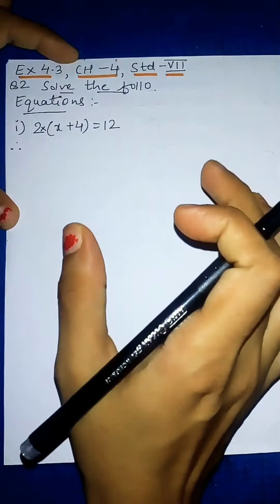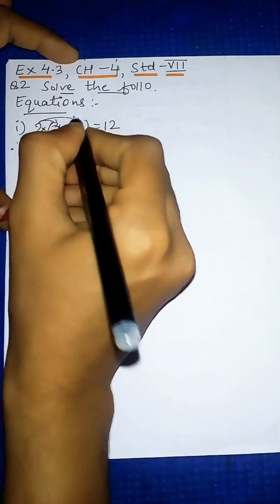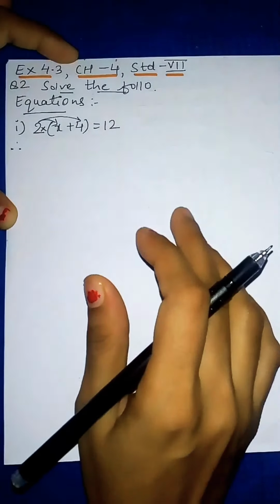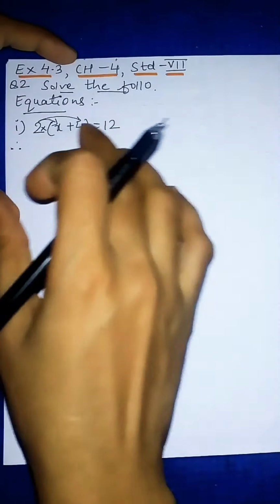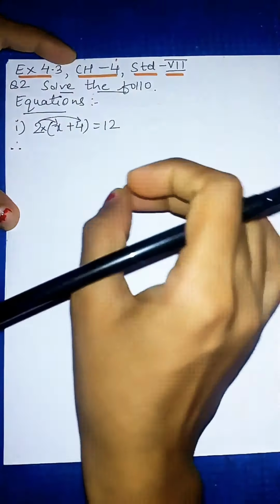So this 2 will get multiplied with x, and this 2 will get multiplied with 4 also. The 2 which is given outside will get multiplied with whatever is given in the bracket. If 3 things or 2 things or whatever terms are given, it will get multiplied with all the terms.